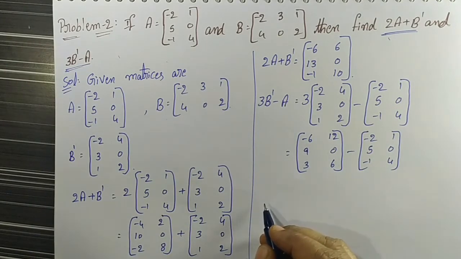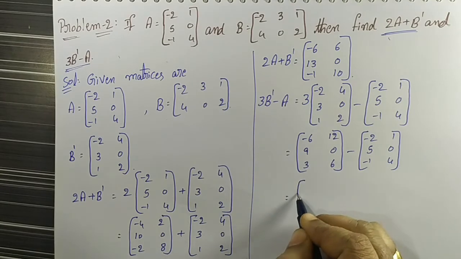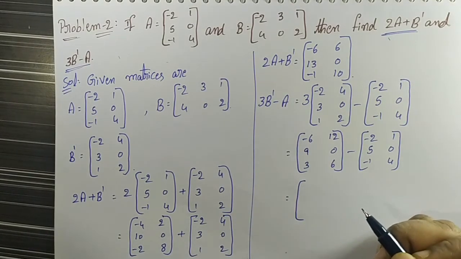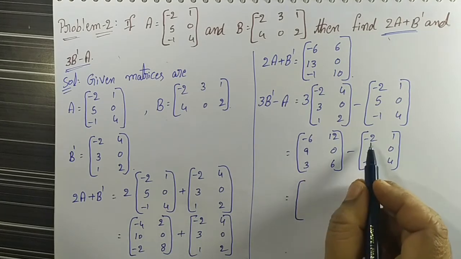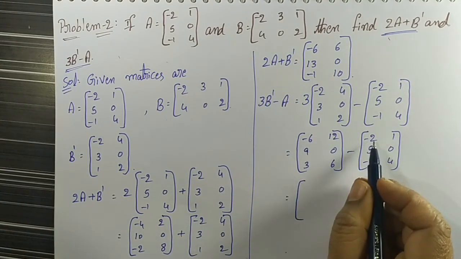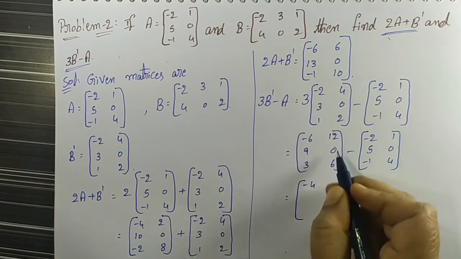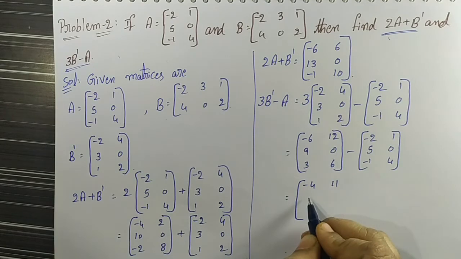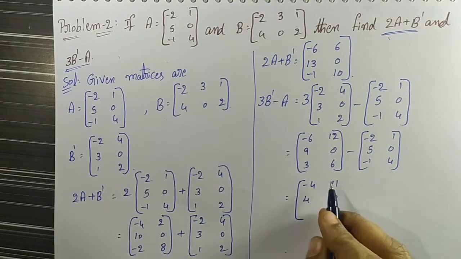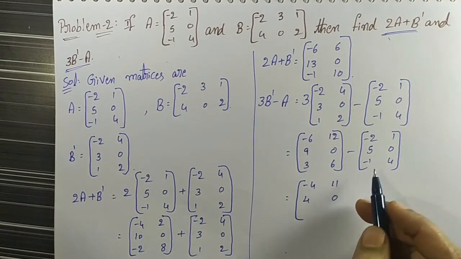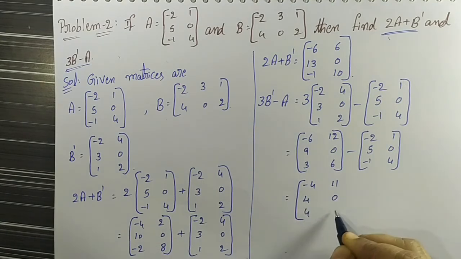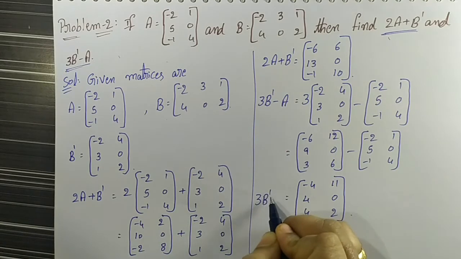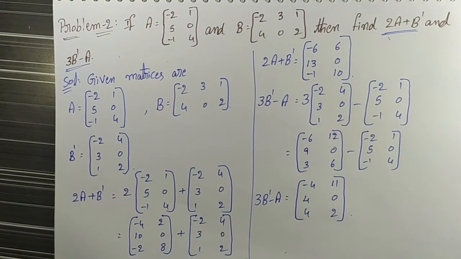Then that is equal to minus 6 minus of minus 2, that means minus 6 plus 2, minus 4; 12 minus 1, 11; 9 minus 5, 4; 0 minus 0, 0; 3 minus of minus 1, that means 3 plus 1, 4; 6 minus 4, 2. This is the 3B' - A value.